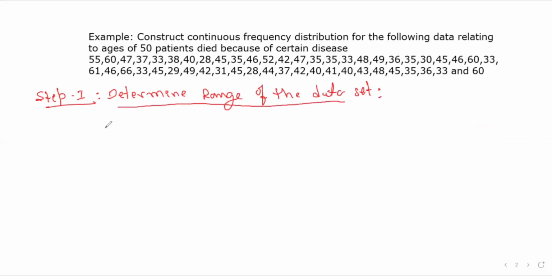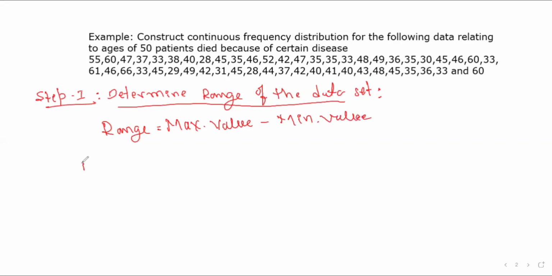So what is the formula to find the range? Range equals maximum value minus minimum value, right? I'm going to write the short forms, MIN for minimum and MAX for maximum.